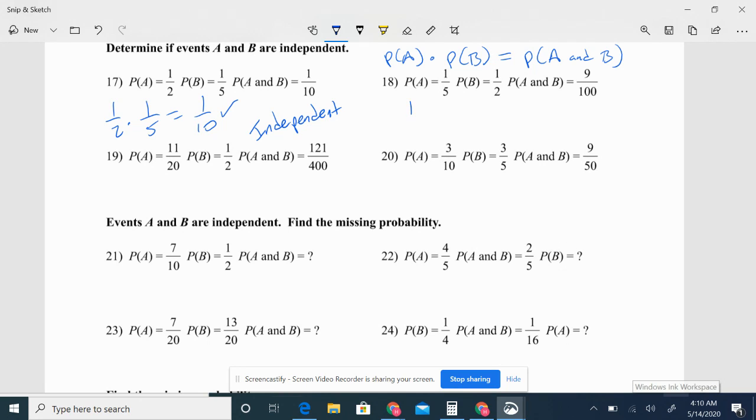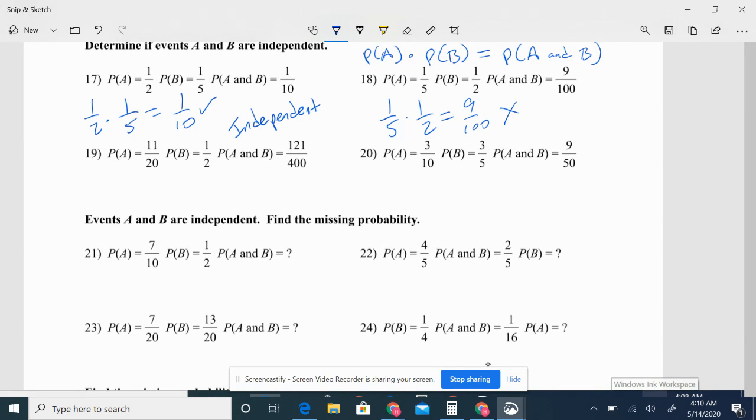Probability of A is 1 over 5. Probability of B is 1 over 2. Probability of A and B is 9 over 100. Is probability of A times probability of B equal to probability of A and B? That's not true. Therefore, these are dependent. Looking at question number 19.